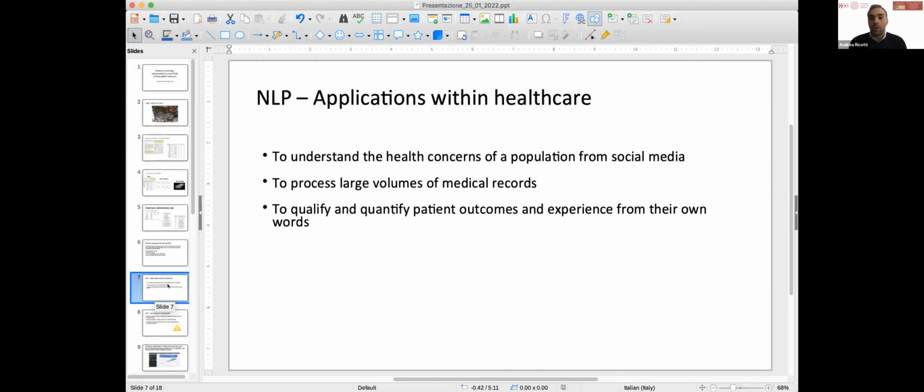The applications in healthcare are to understand the health concerns of the population from social media, to process large volumes of medical records, or to quantify or qualify patient outcome and experience in their own words.